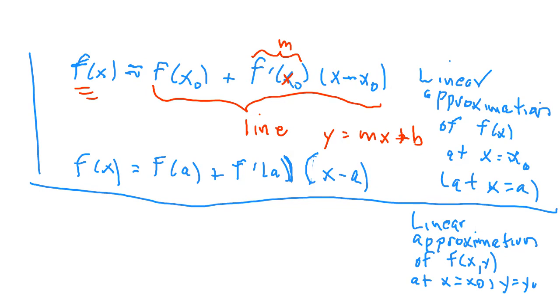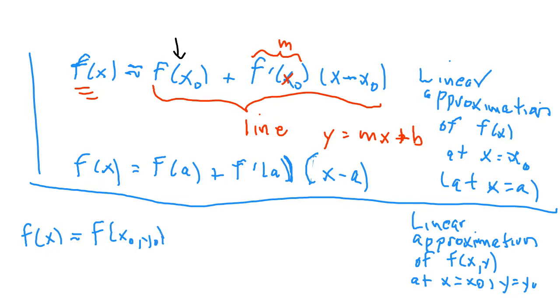If we were to do that, the formula: here we had an f of x sub 0, so I imagine here we're going to have an f of x sub 0, y sub 0.